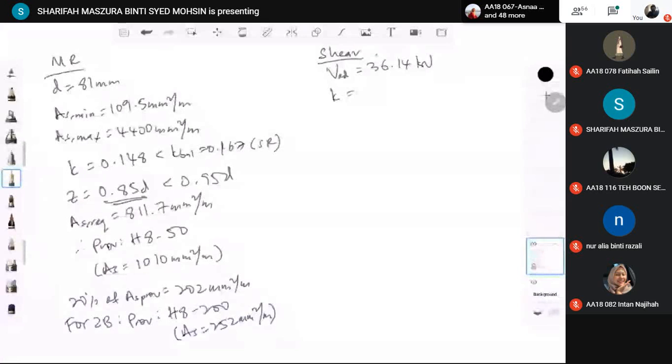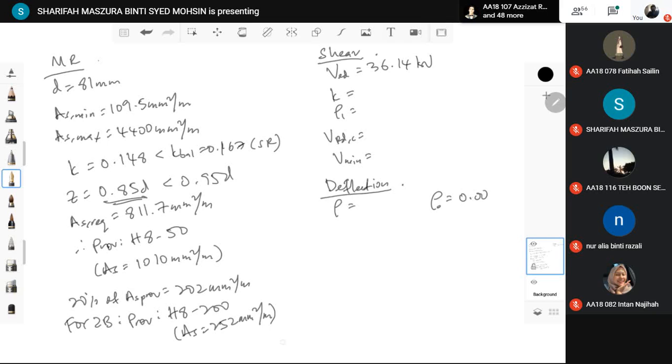Okay. So for the shear checking, deflection check, cracking check, and last to sketch the detailing, that will be your homework.